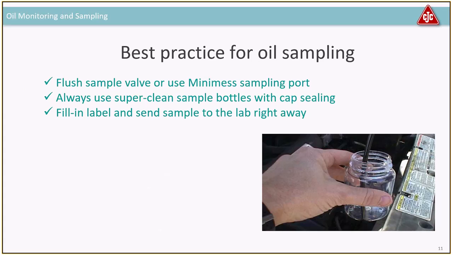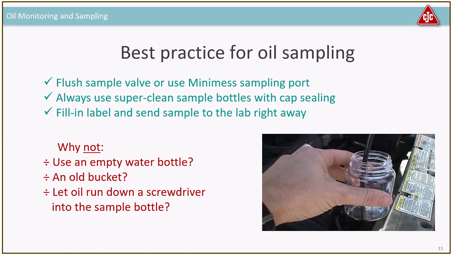Always use super clean or ultra clean bottles with a sealing on the cap, fill in the label and send it right away to the lab. If you wait too long, for example, if you're working on turbine oils and you leave the sample in your car or in your office, the degradation rate, so the oxidation, will speed up quite significantly over time.